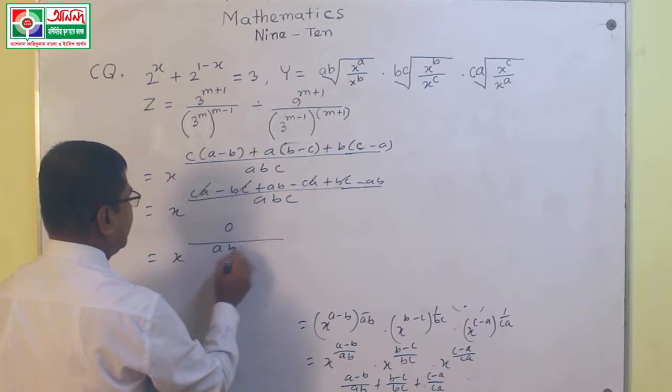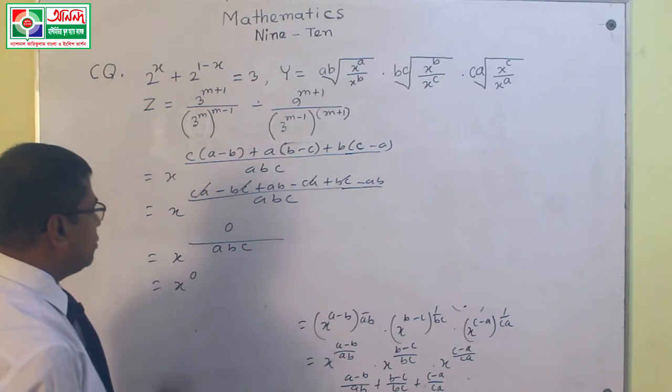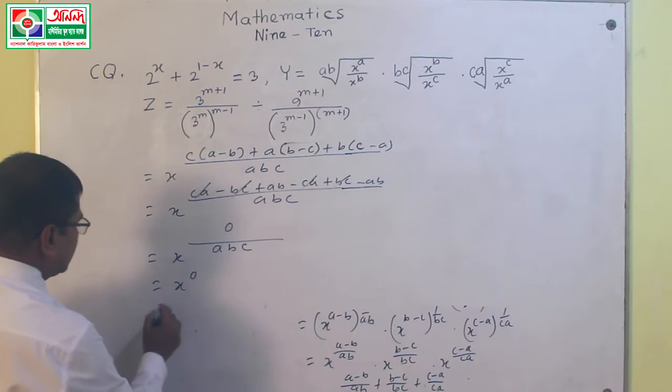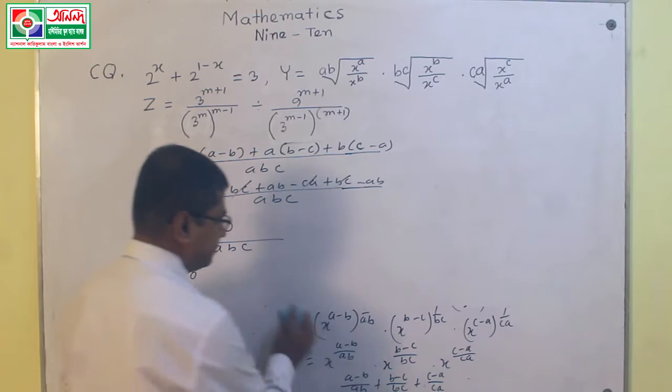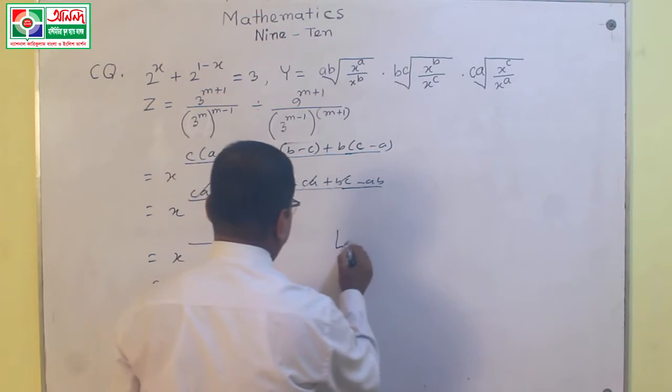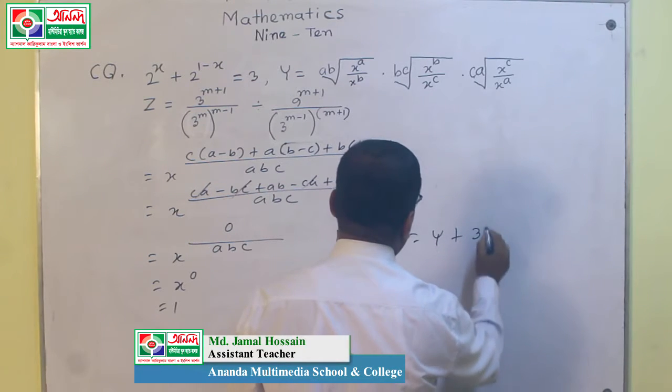So we have 0 by abc, and you can write x to the power 0, because if we divide 0 by abc, we get 0. x to the power 0 equals 1. Now we can write the left hand side. Yes students, look, left hand side equals y plus cube root 64.